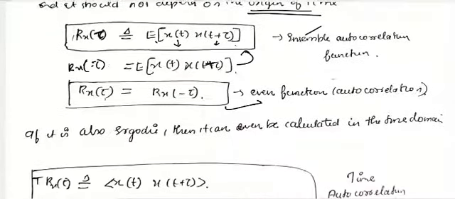So there won't be much change in the autocorrelation function whether it is shifted to the left side or the right side, minus tau or plus tau, it will be the same.